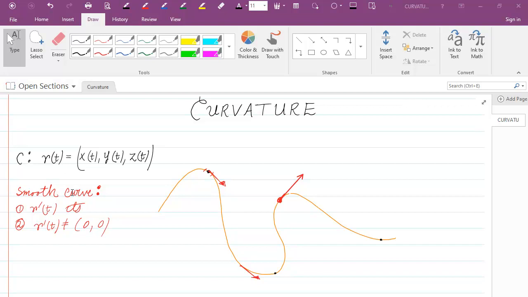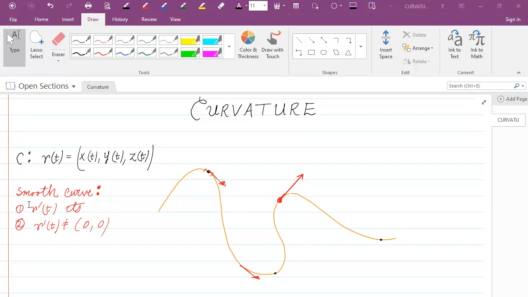What that means is that the derivative of r is continuous, and r prime of t is never equal to the 0 vector. Now, if you think of C as the path of a moving object, and r of t as the position vector of that object, then r prime of t is the velocity.